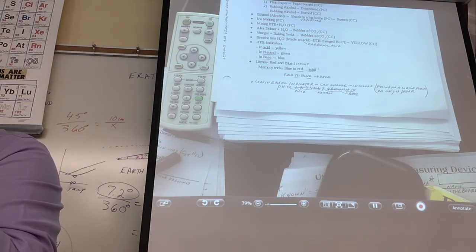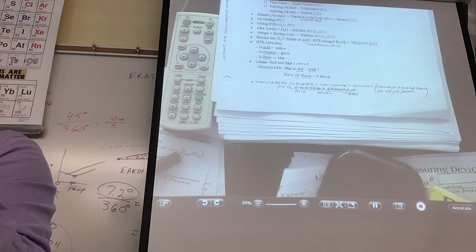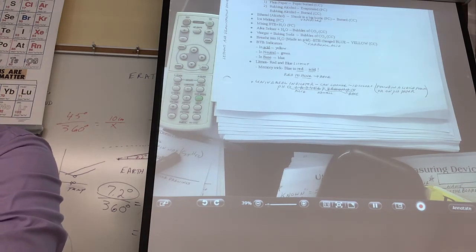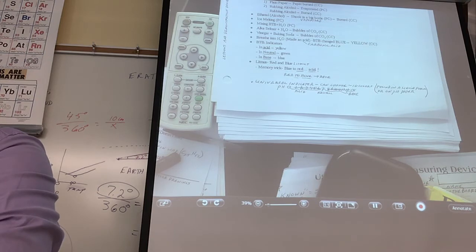Now, how do I remember which one's which? Do I have the little thing here or not? Oh, it is. Memory trick. Blue to red, acid. Is that right? So if blue litmus paper changes to red, I know I have an acid, don't I? So what's the opposite of that? Red changes to blue, must have been a base, right?